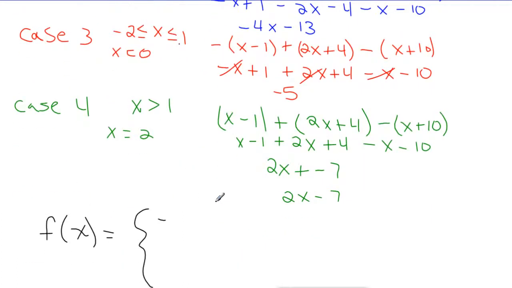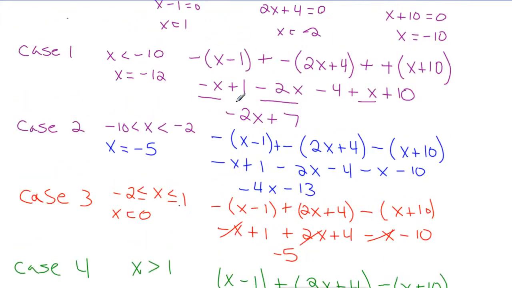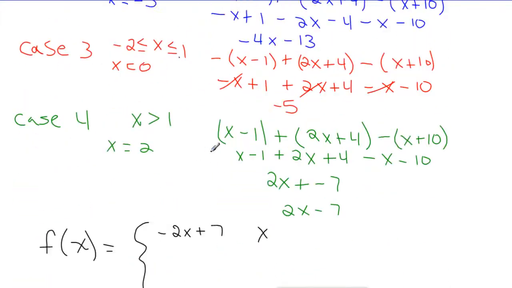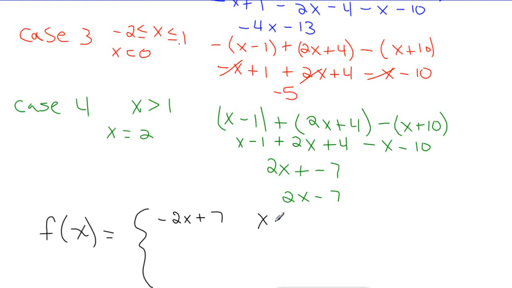It was negative 2x plus 7. Okay, negative 2x plus 7. And that was when x was, in this case, less than negative 10. So we were going to put x is less than negative 10.